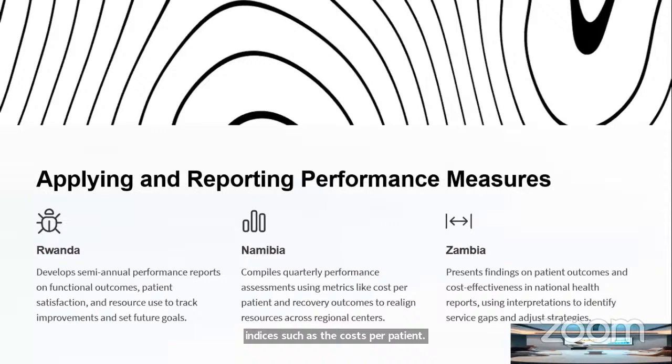Meaning the cost of treatment by patient, how much is expended on a client, right? Quarterly. And they also look at the rate at which the client recovers, right? And with that, they adjust or align their resources across their regional centers.